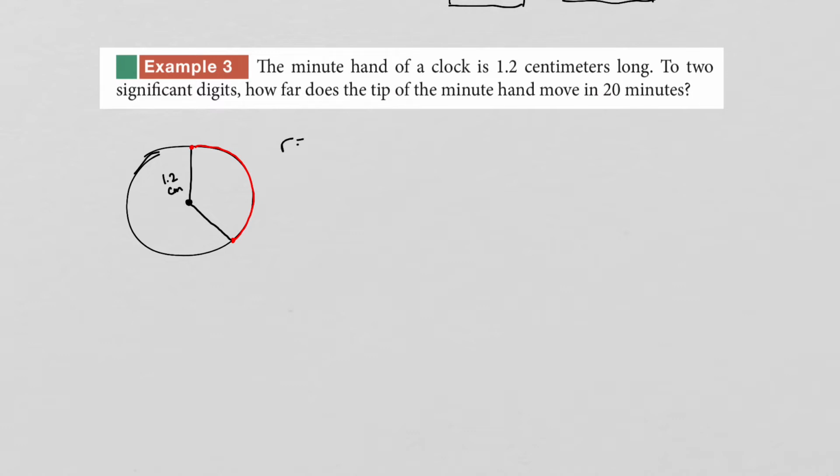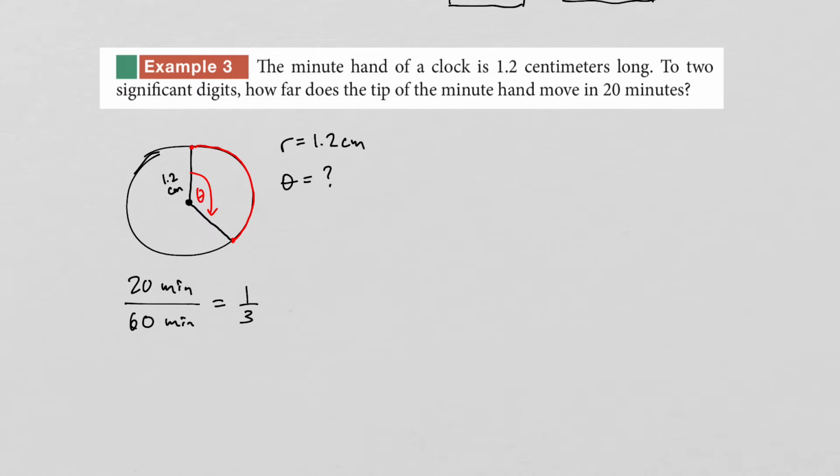Well, we know the radius is 1.2 centimeters. The question is, what is theta, right? Because there's an angle theta associated with that movement. Well, on a clock, 20 minutes, if you divide that by 60 minutes, you get 1/3.